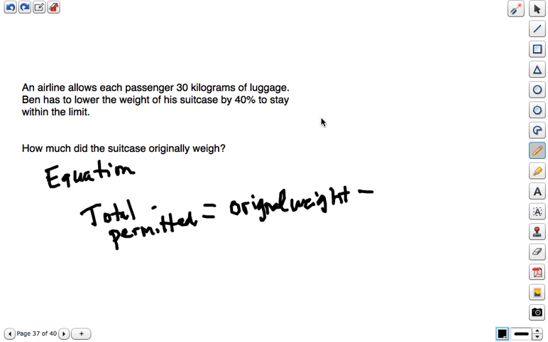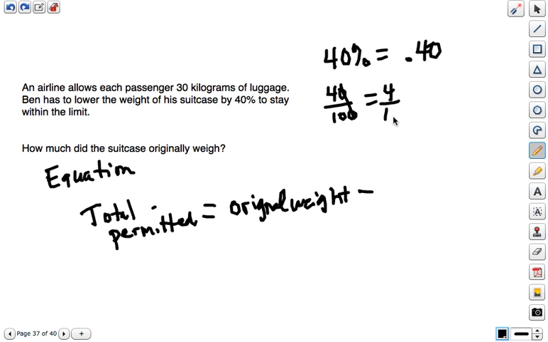So 40%, we could write that as a decimal. We have to do something with it. So we can either move the decimal point over 2 places, or we could just convert it to a fraction. If you convert it to a fraction, we would start with 40 over 100, okay? And then we have 4/10, and if we simplify it, we have 2/5.